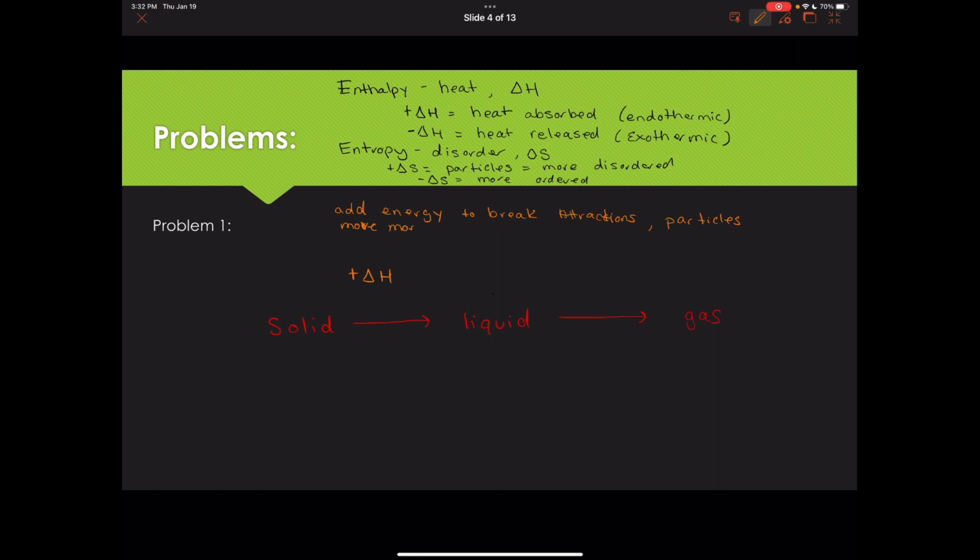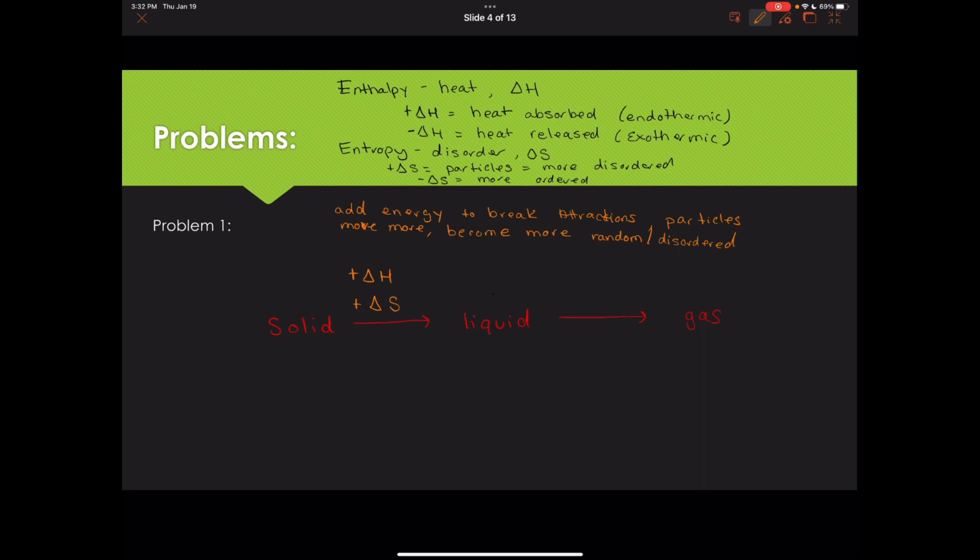And if particles are moving more, they're going to become more disordered or more random. So that means as we're supplying heat to my solid and my forces start to break and my particles start to move more, we're going to gain entropy. So we have a positive delta S.